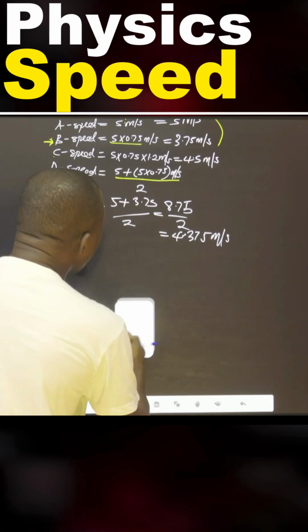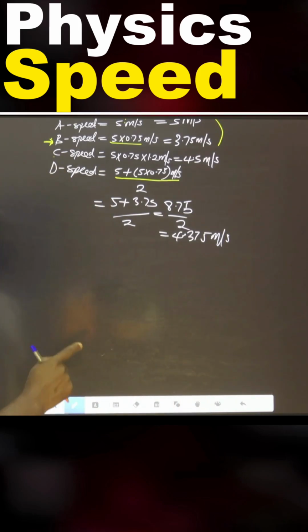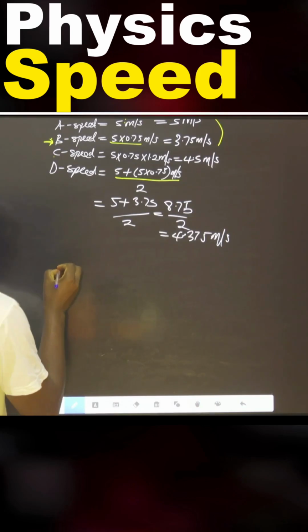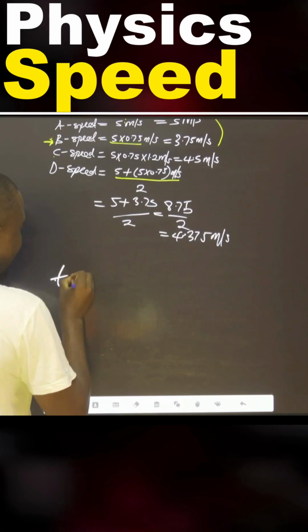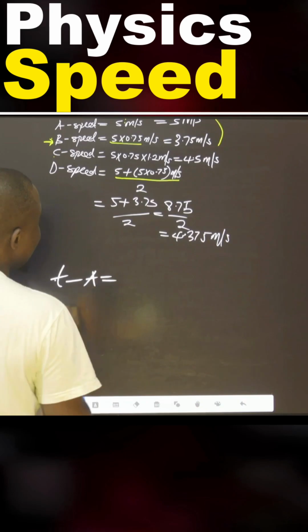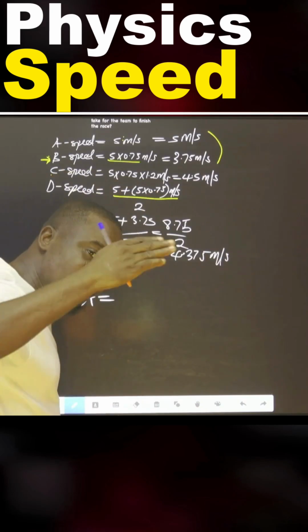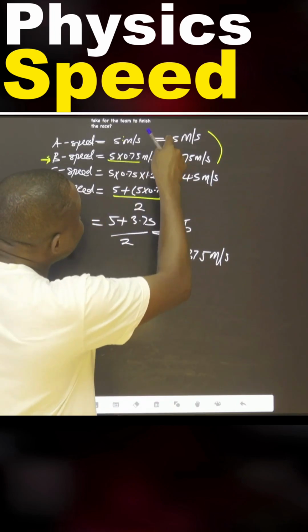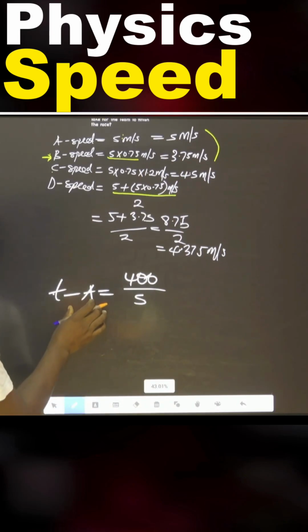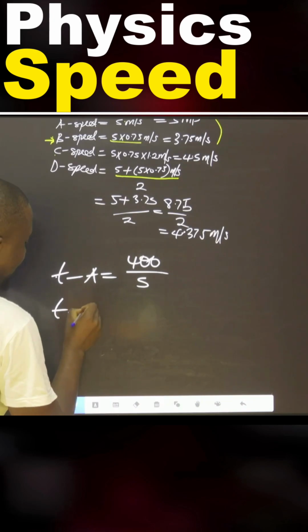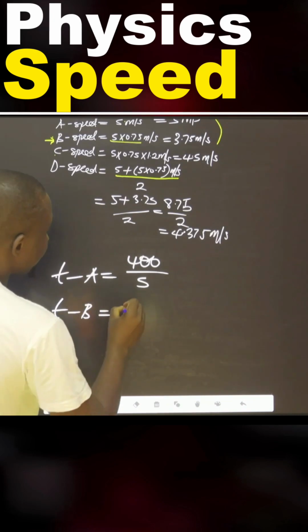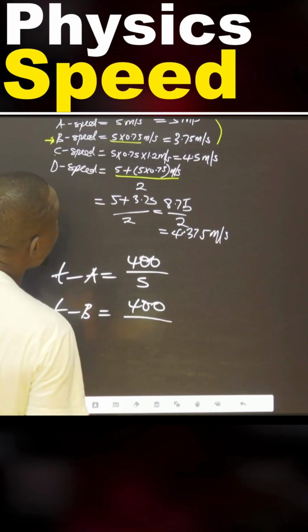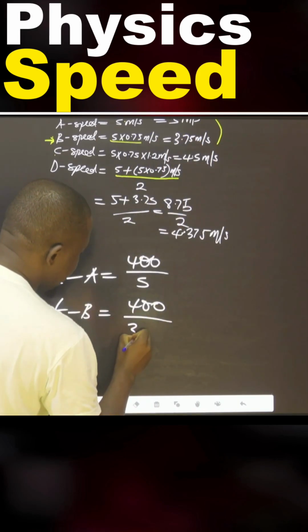So we are going to do that for each of them, distance over speed. For A, let's look at time for A. Time for A is, remember, each of them 400, 400 over the speed. For B, time for B is 400 over 3.75.